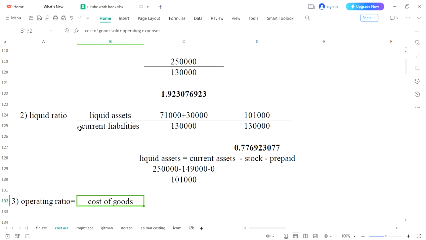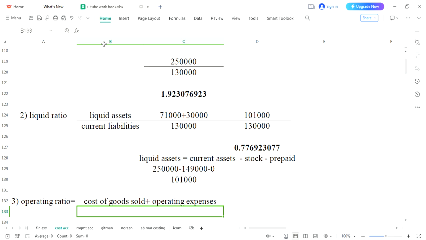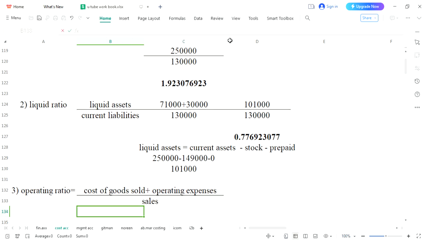This you will write at the upper side. There are two things, a divisor, and then you will be dividing it by sales. So let's write it down over here.